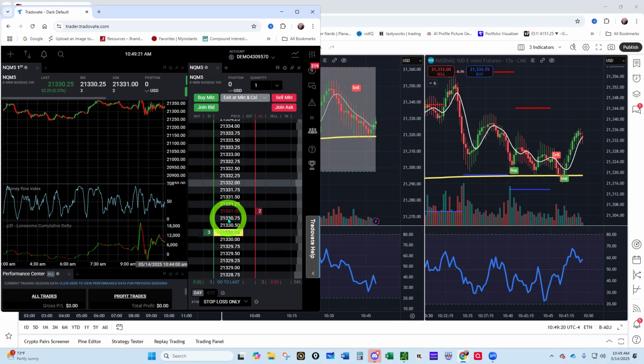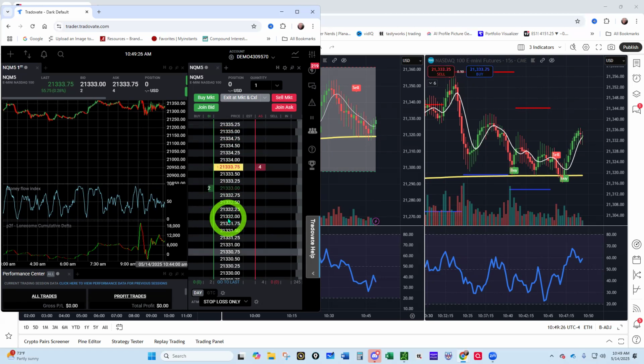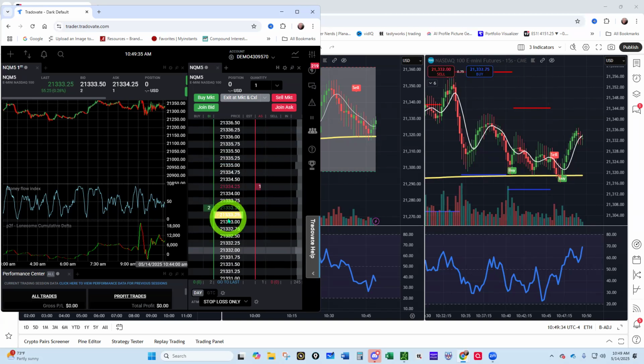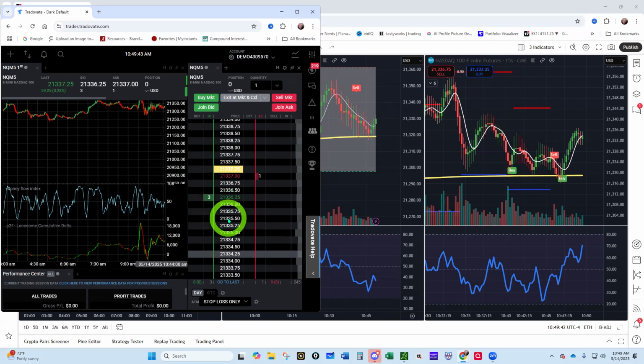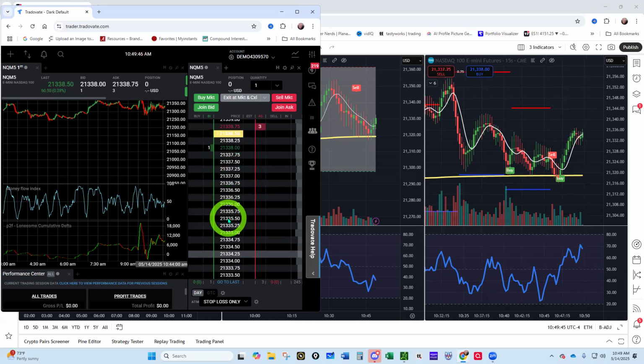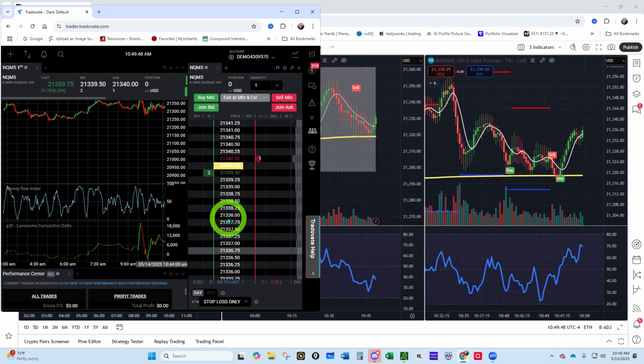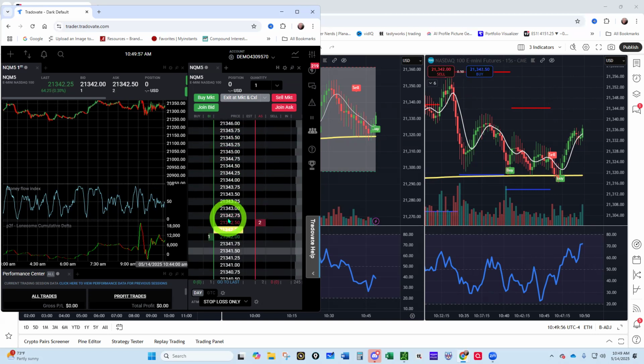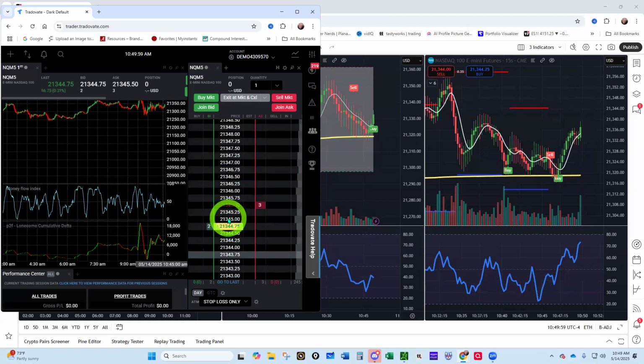I mean, it's just kind of like everything else. There's the buy signal. Let's see if it keeps printing.